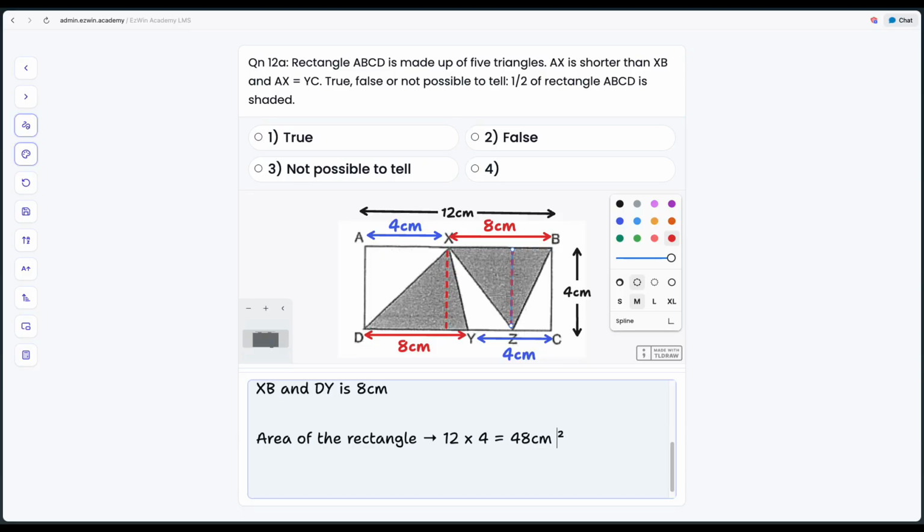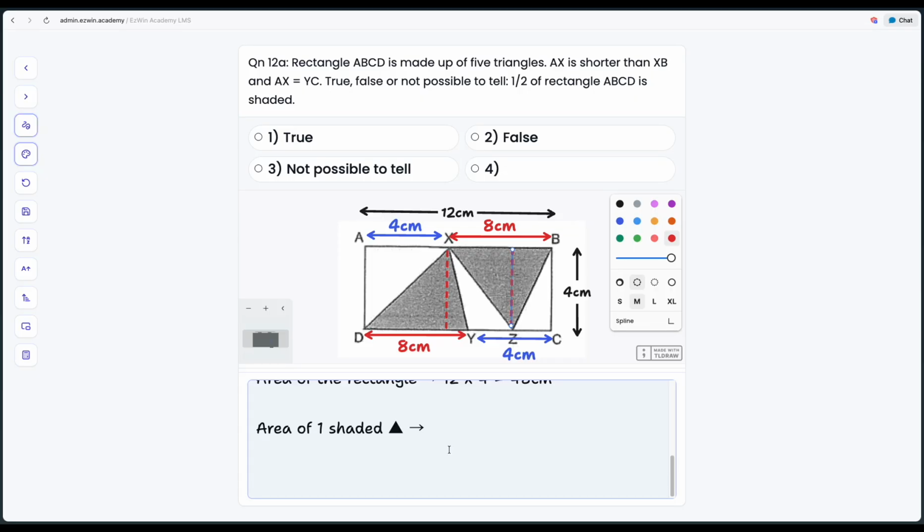Pretty straightforward. Now the next thing is the area of one shaded triangle. So in this case, we can just use half times base times height.